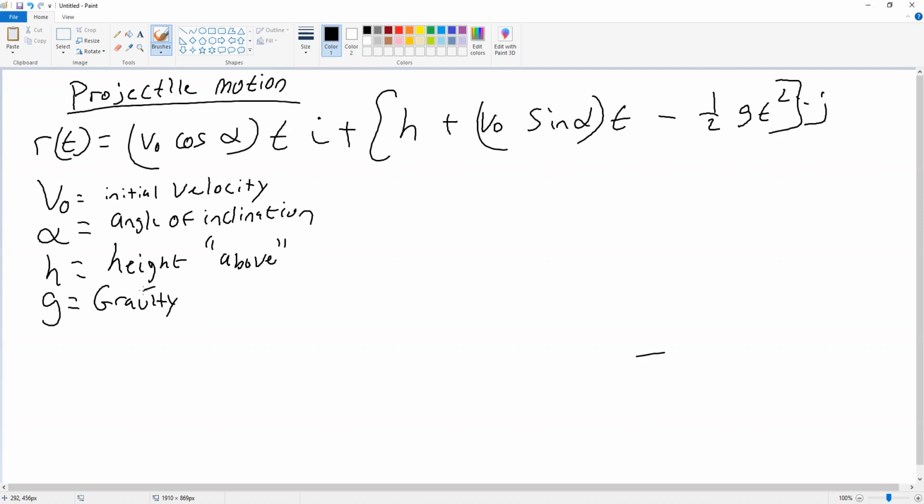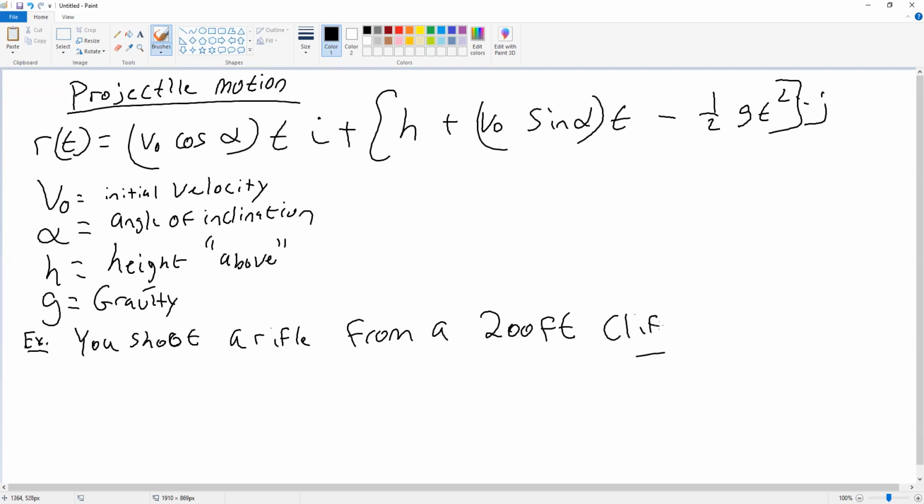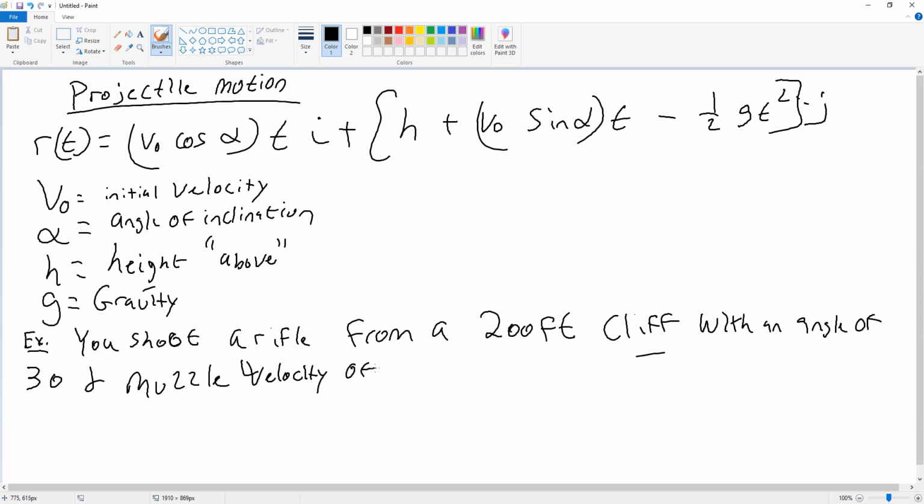Okay, let's just take an example. So you shoot a rifle from a 200-foot cliff with an angle of 30 degrees and muzzle velocity of 1,500 feet per second.